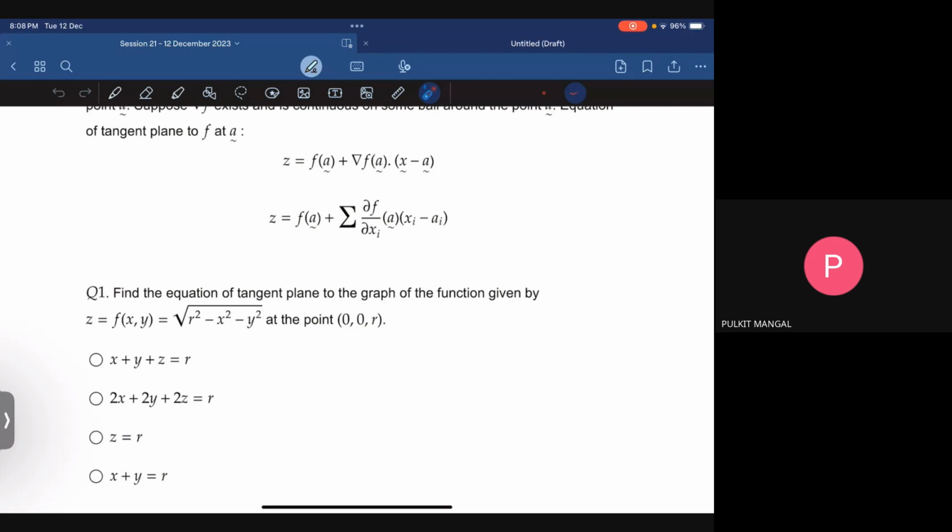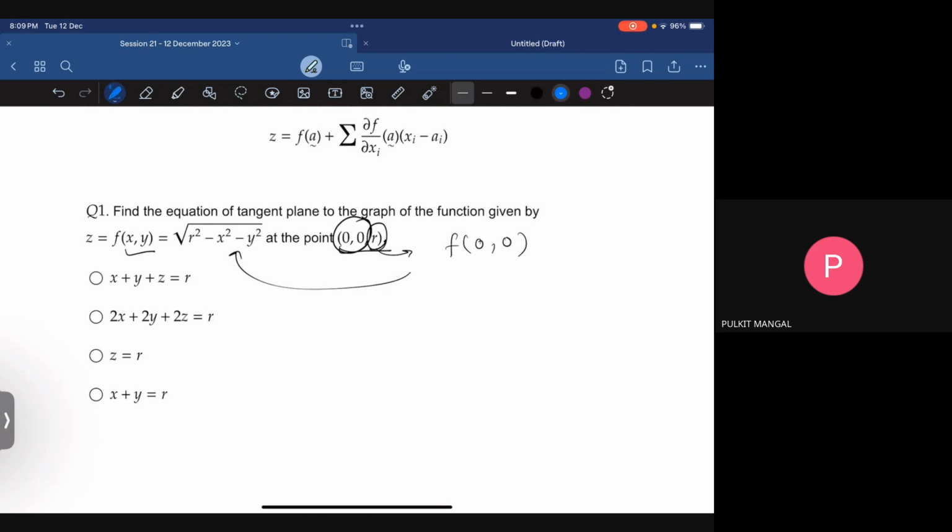First understand that we have a function of two variables, so basically you need to find the tangent at the point 0 comma 0. The third value that is given, r, is basically the value of my function f at the point 0 comma 0. So this r is nothing but f of 0 comma 0, which you can even verify by putting 0 comma 0 in the function f.